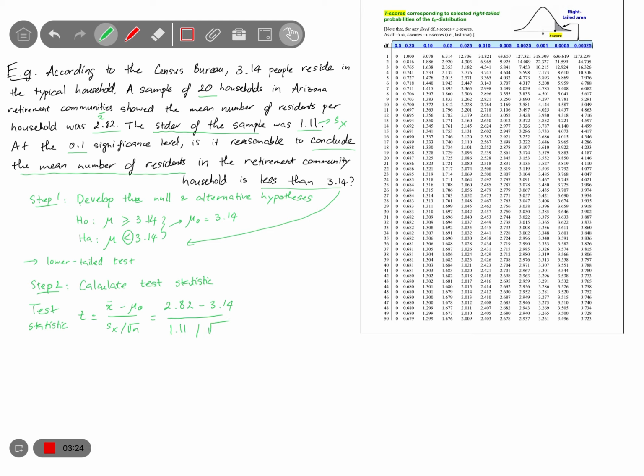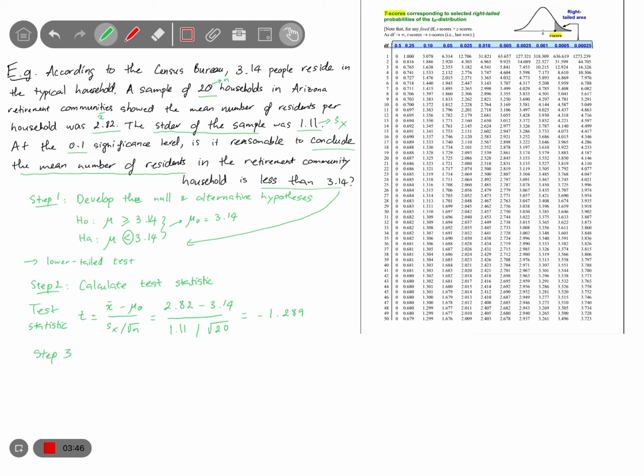Here we have a sample of 20 households, so n is going to be 20. If you put this into your calculator, you should get a test statistic of negative 1.289.